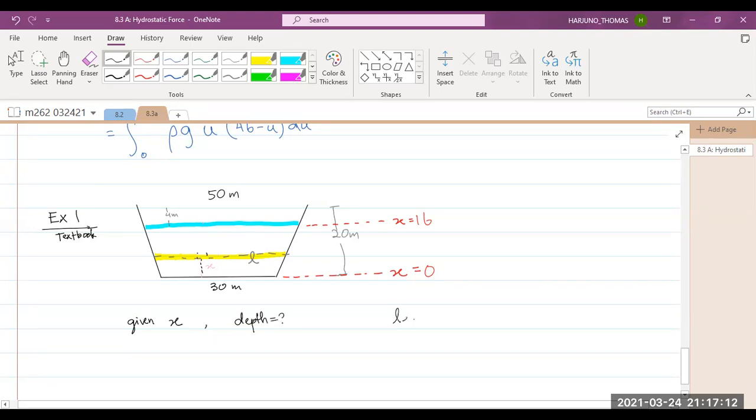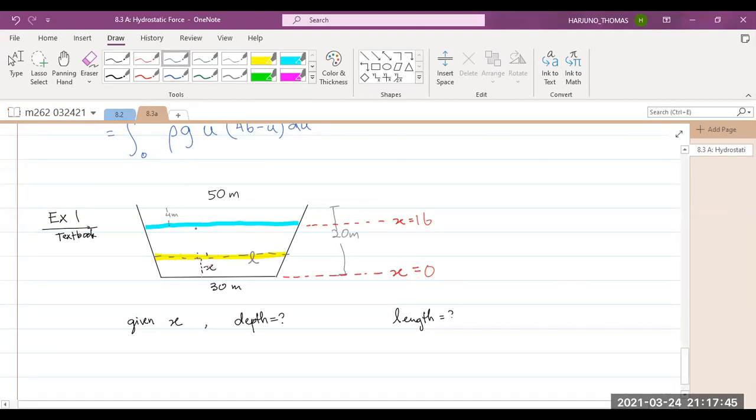What is the length? And you notice it's always about the depth and the length for a given x. Our textbook purposely sets x equal to the depth pretty much all the time. But I want to show you that it's actually not necessary.